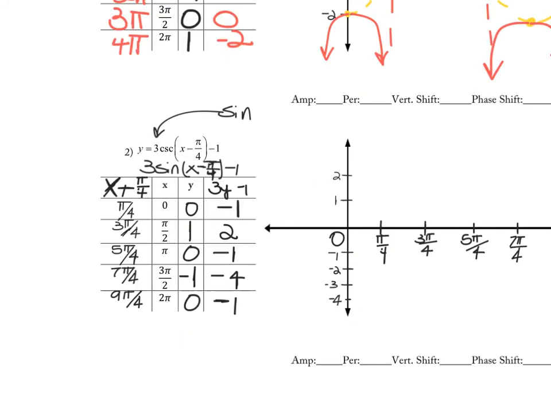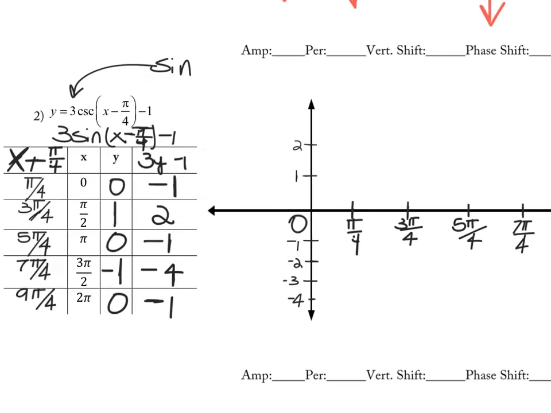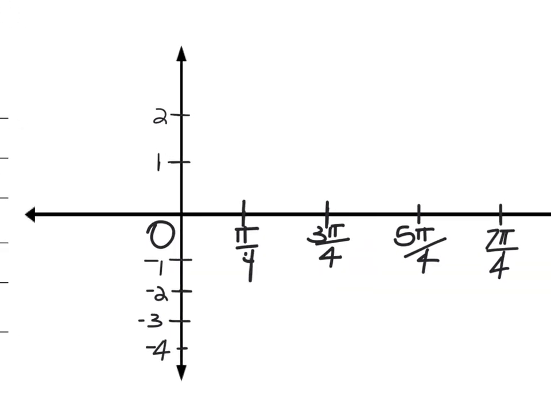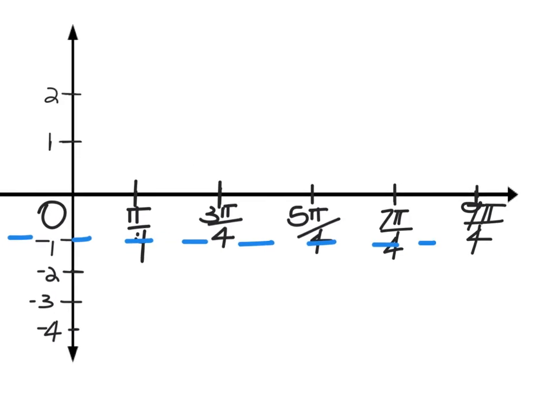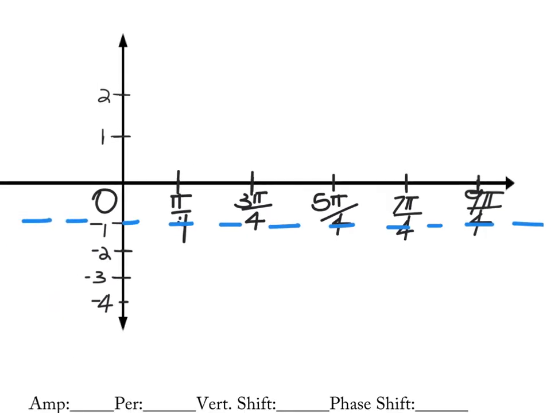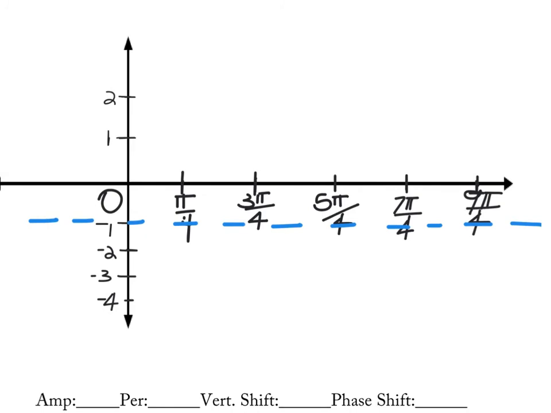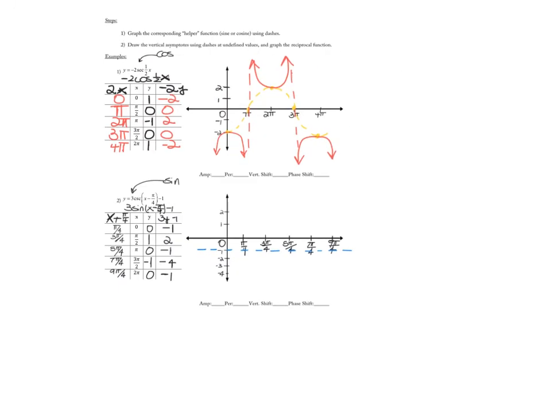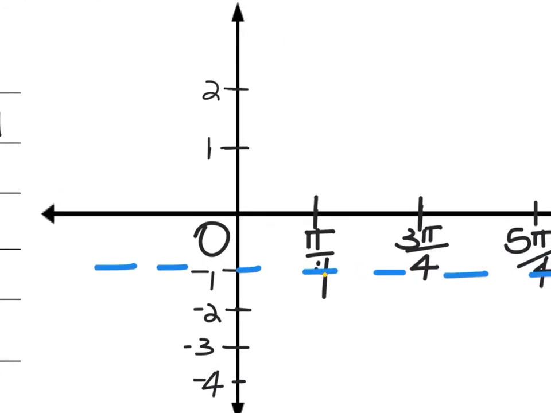Whew, okay, so let's see, we got pi over 4. Now, guys, keep in mind, the new center line is down at -1 because the whole graph's been shifted down 1. So wherever the graph of sine hits the center line, that's where the vertical asymptotes are going to be. So that's kind of key here. We got pi over 4 down at -1.